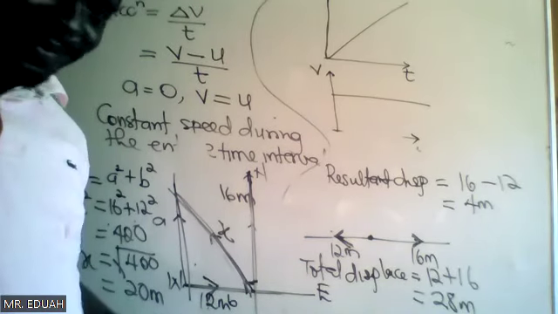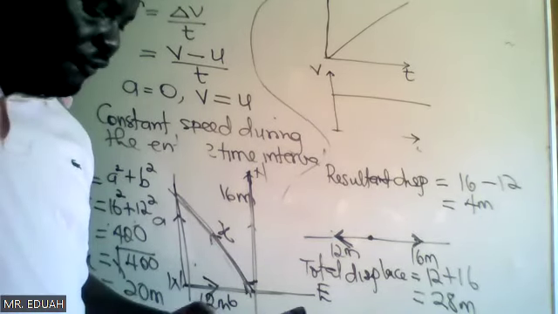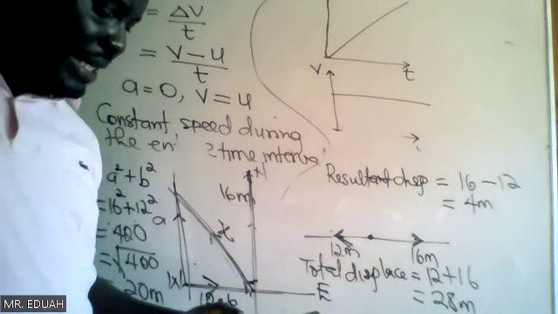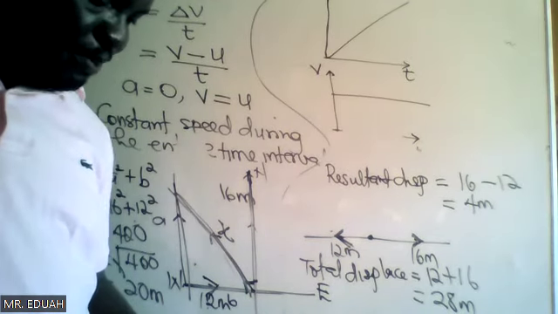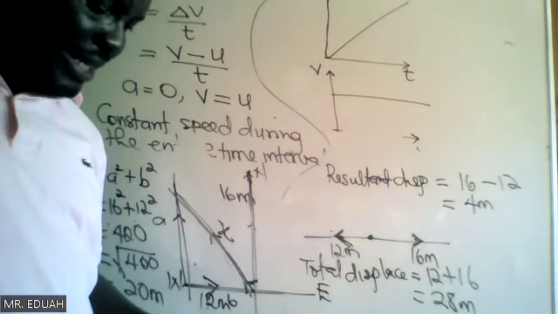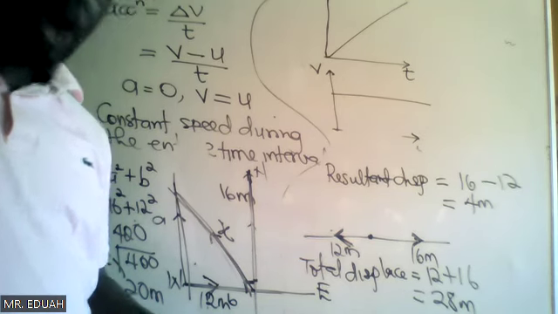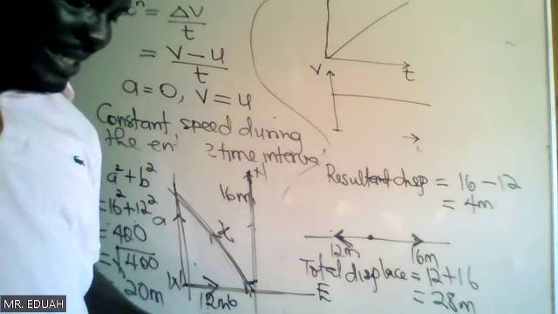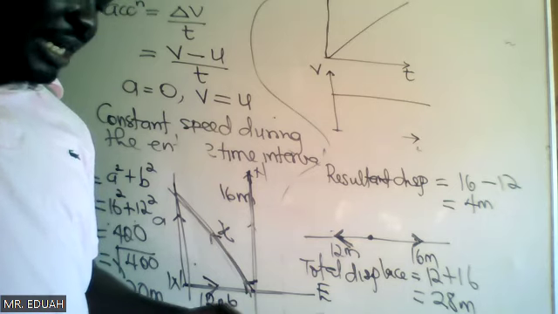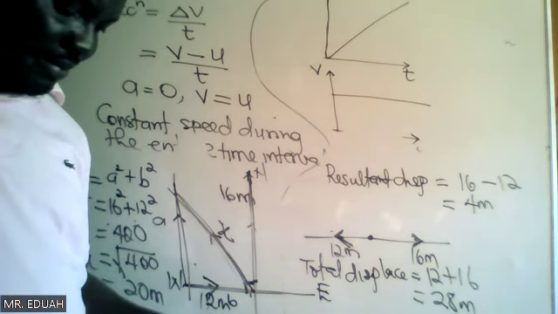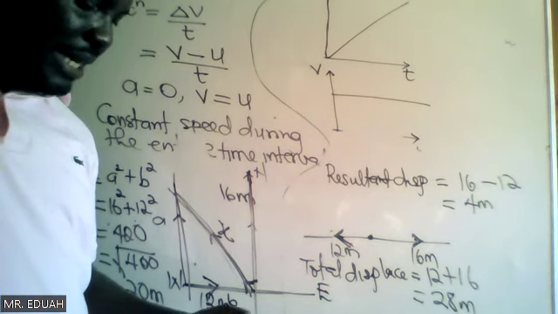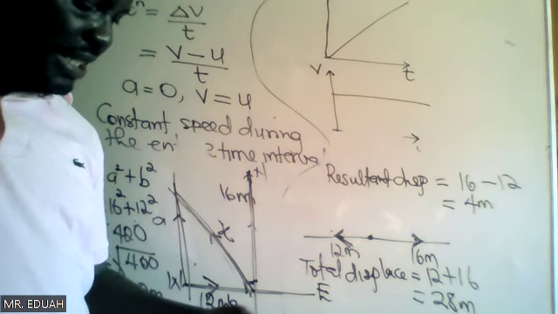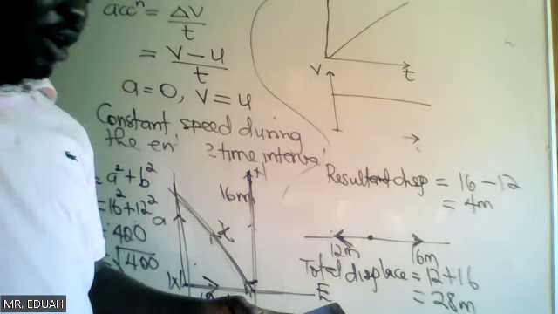Question 10. The graph following represents the relationship between velocity and time, so meaning it's a velocity time graph for an object moving in a straight line. What is the acceleration of the object?